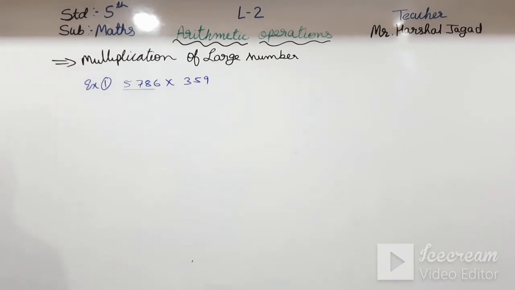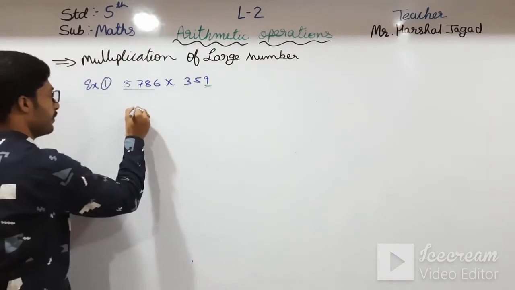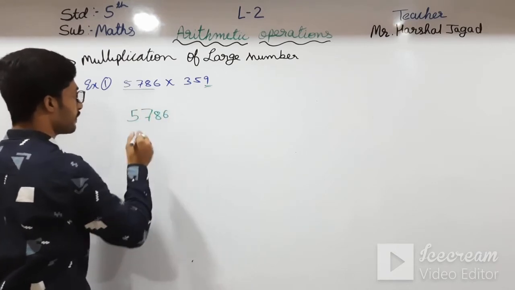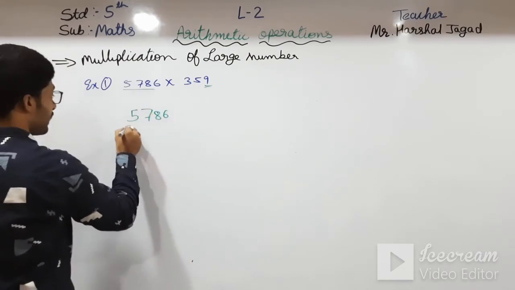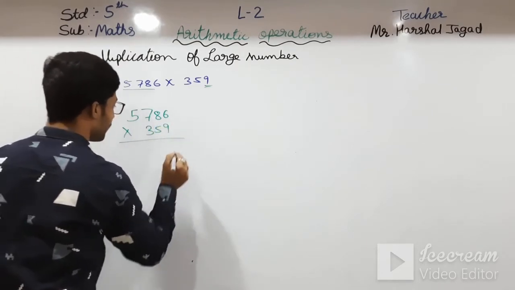You can do it either way, with the unit place, that is 9. So 5786 into 359.